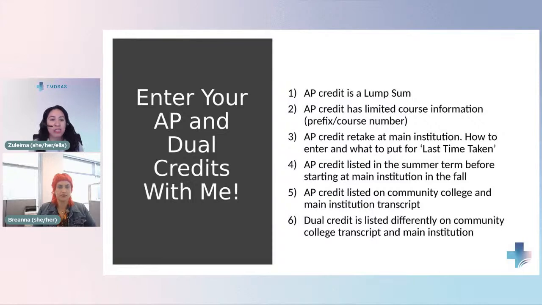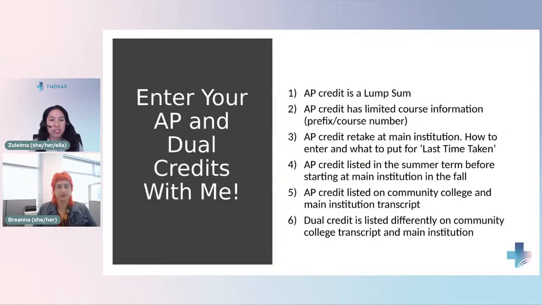The third scenario is AP credit that you have to retake at your main institution, how to enter that, and when it should be yes or no for last time taken. The fourth scenario is AP credit listed under the summer term when you begin your main institution in the fall term. And the fifth scenario is AP credit listed on the community college and on your main institution transcript.